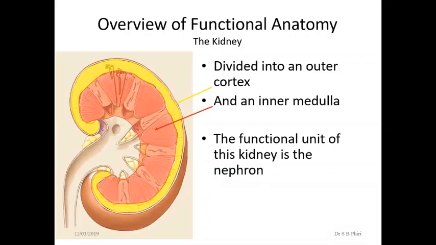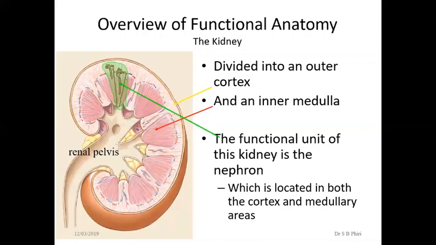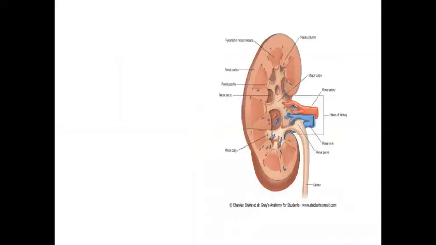So that nephron is called the juxtamedullary nephron. You can see it in here as well. So there are two different types of kidney nephron that we'll explain later on. Okay, so you can see the nephrons there that are highlighted in green. The renal pelvis, and then you have the ureter.